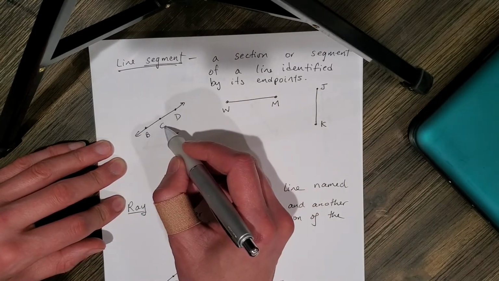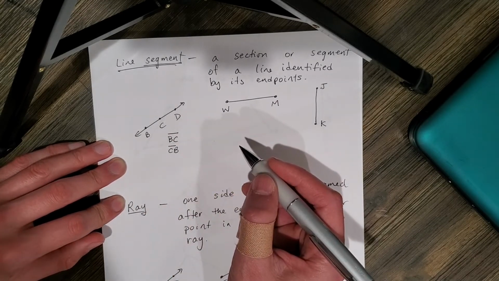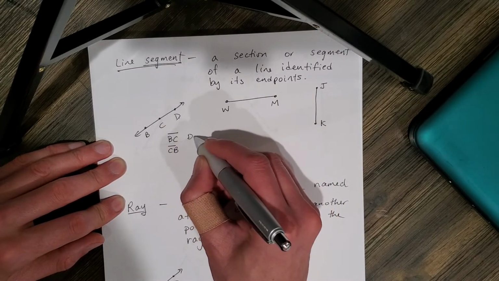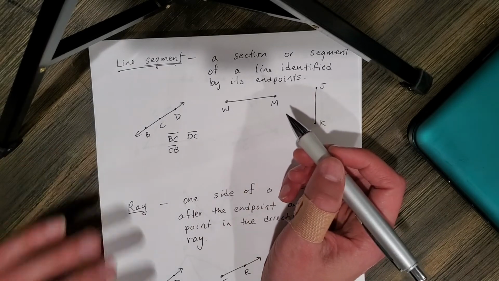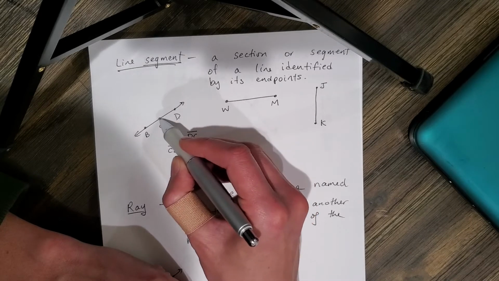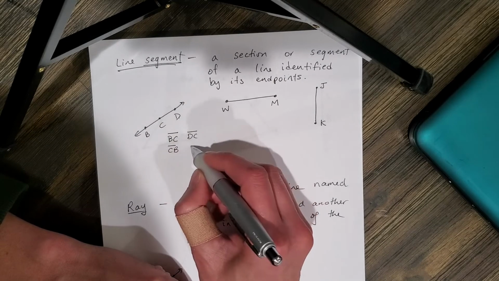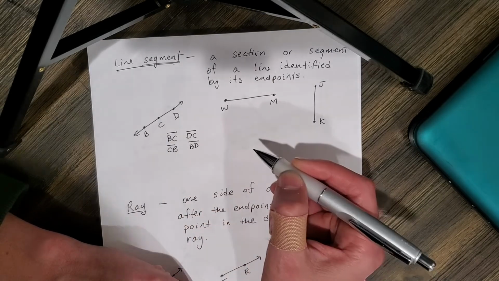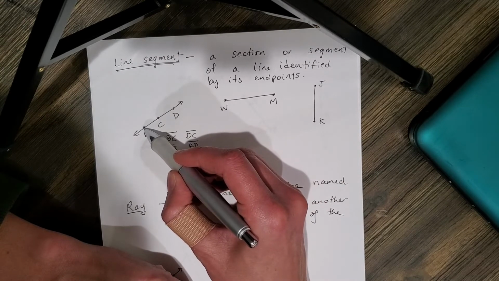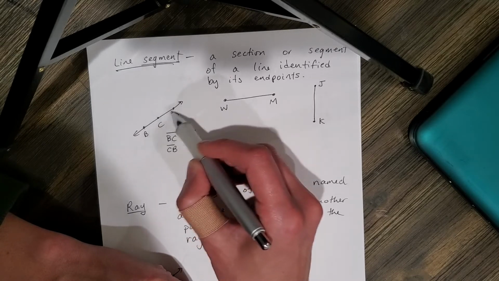I could also name line segment CB, or I could say line segment DC. But remember, a segment is only a piece of a line, so I'm only referring to the piece in between these 2 endpoints. Now notice here, if I say BD, the line segment, I'm talking about the segment or the piece from B all the way to D. Notice it includes C. C is in between these 2 endpoints.